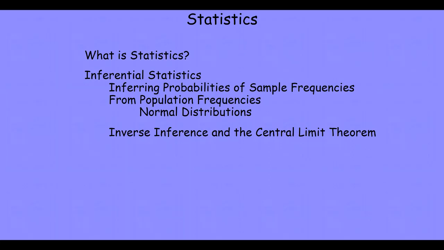We won't discuss the central limit theorem in any great detail, and we won't be using any very sophisticated mathematics, but we'll get an understanding of what it is and how it works, I hope.